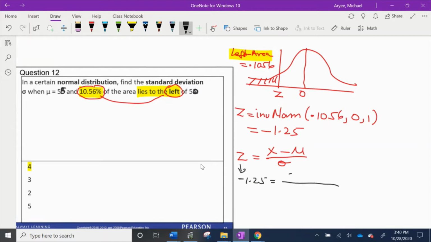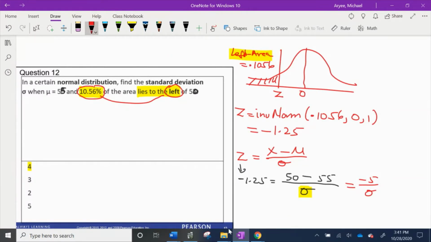Now, X is going to be the 50 here. The mu will be 55. Oh, they said we should find the standard deviation. So we don't know sigma. We don't know this. All right. And also note that we can subtract on the top, so negative 5. Now in algebra, you can cross multiply.